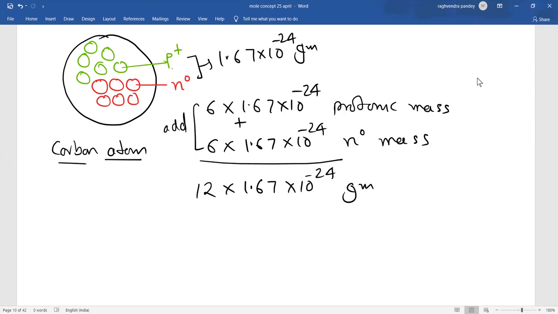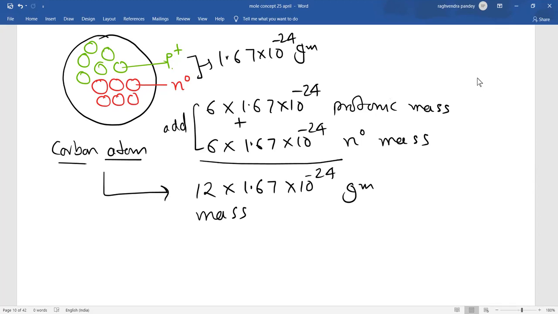So this is your mass of one carbon atom. Okay, got it? So this is one thing.